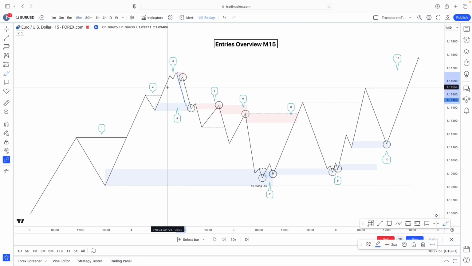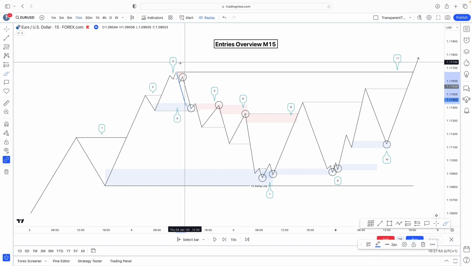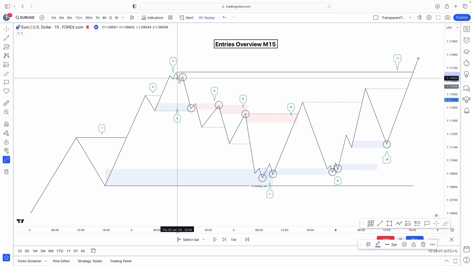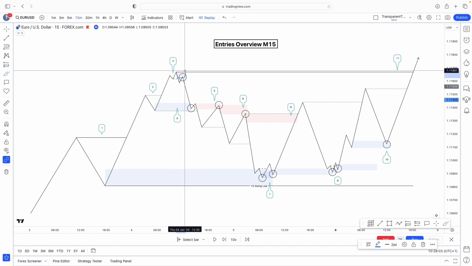Okay, the fractal structure signals when the turning points of the internal structure are. So we get this M15 CHoCH, and what does that do? Well, because it broke that structure, it creates this fresh supply above that we can then potentially look to enter in here and then take short.